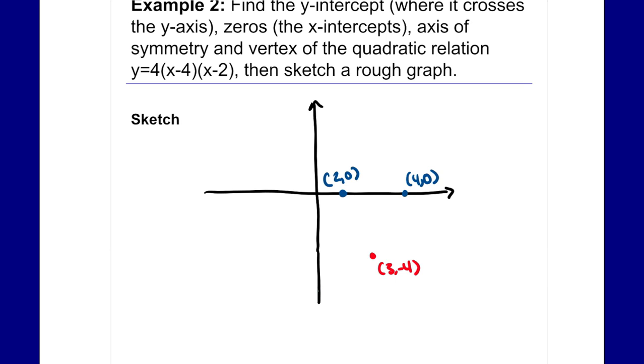And we know it opens up. So my parabola is going to look something like this. Again, rough sketch, not accurate. If we wanted to be accurate, we have the specific coordinates. We have an a value, so we could do the step pattern, but we have enough here just for a rough sketch.